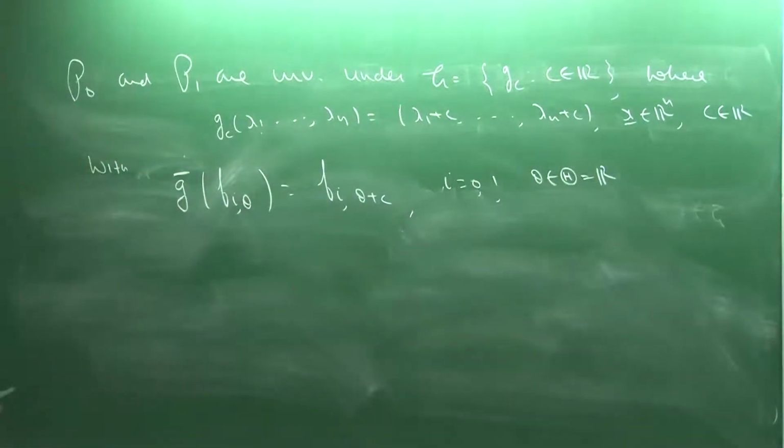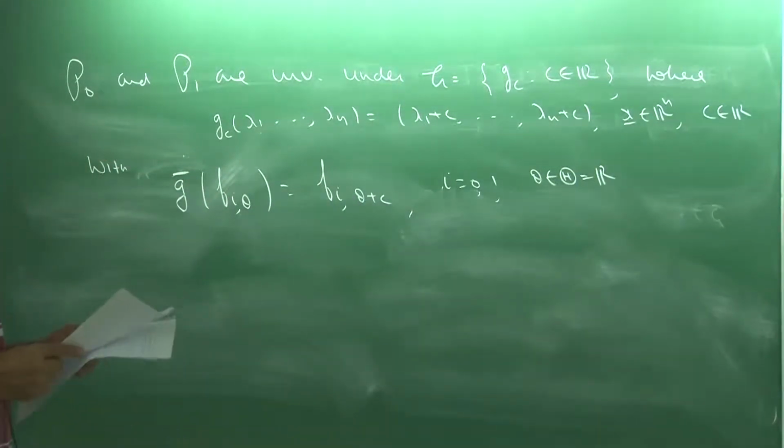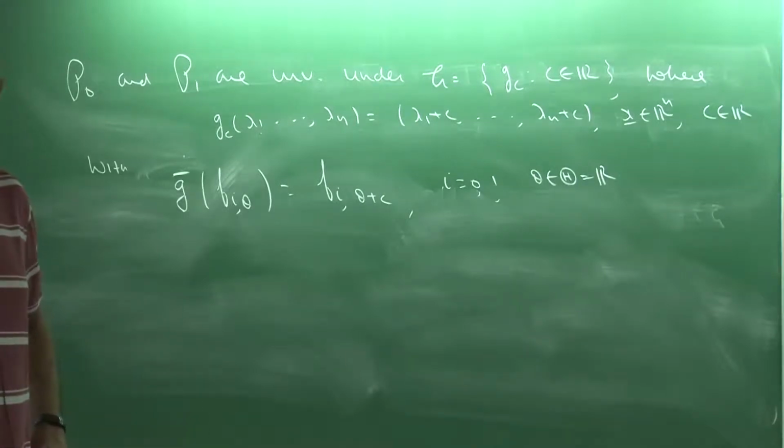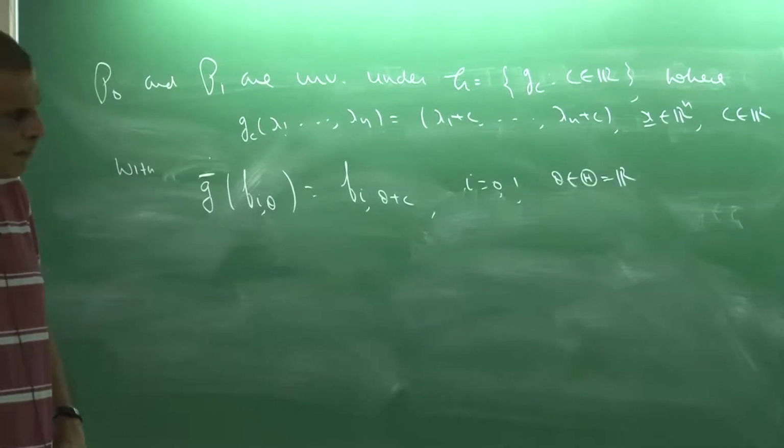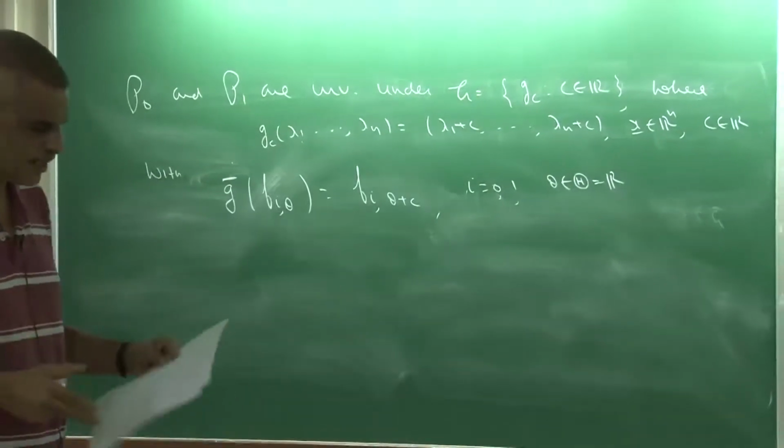So I first try to look at what my invariant statistic is. What is the functional form of an invariant statistic?